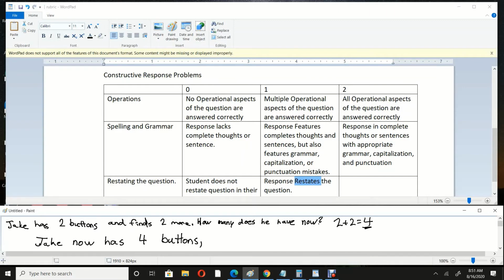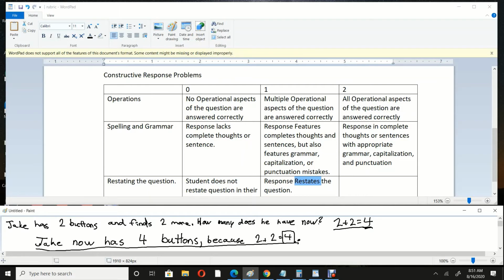Okay, and I want to have my supporting evidence, which over here really is sufficient evidence. But if I wanted to continue this, I would write because, and because is fine there, because 2 plus 2 equals 4. So that's a complete sentence, complete thoughts. It restates the question, and it's got the correct answer.